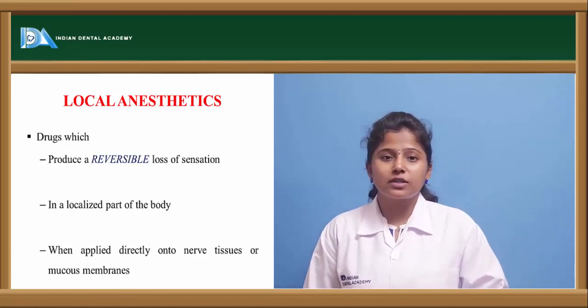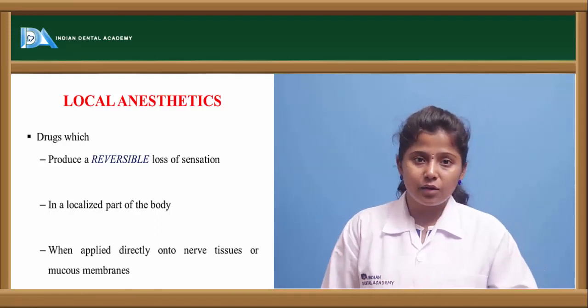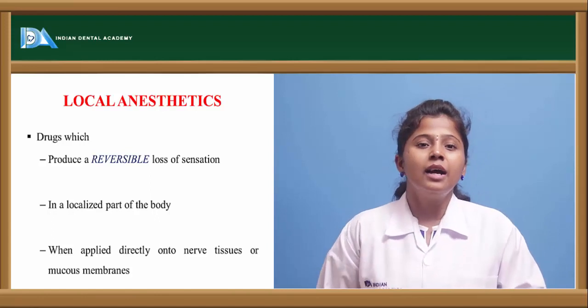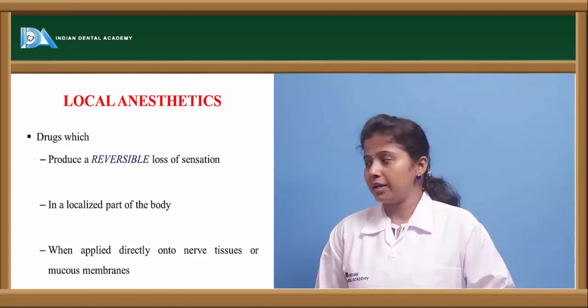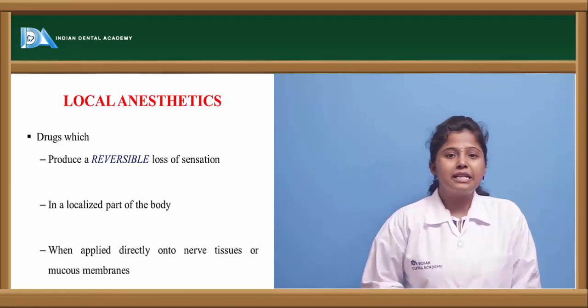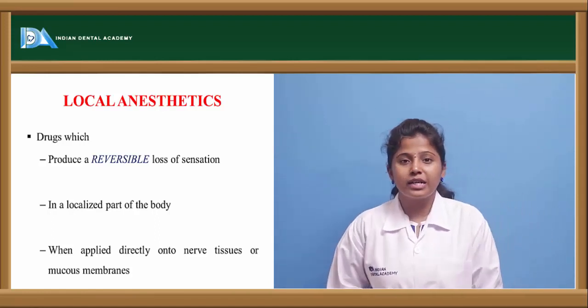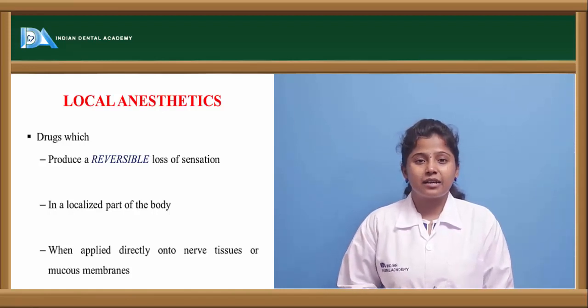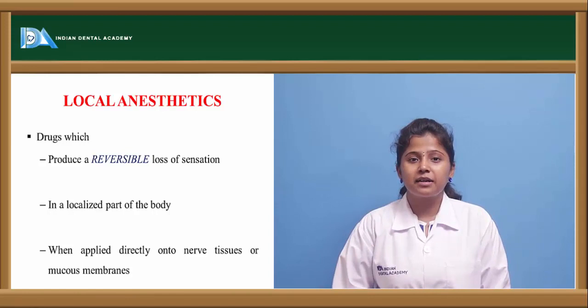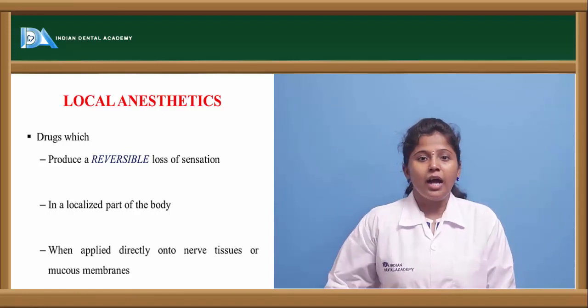In the sense, this loss of sensation is reversible. We induce the loss of sensation, and again the person can gain the sensation after a few moments. And these are used only in the localized area. The whole body is not losing its sensation. Only the particular area loses the sensation, and the person's consciousness is not affected.